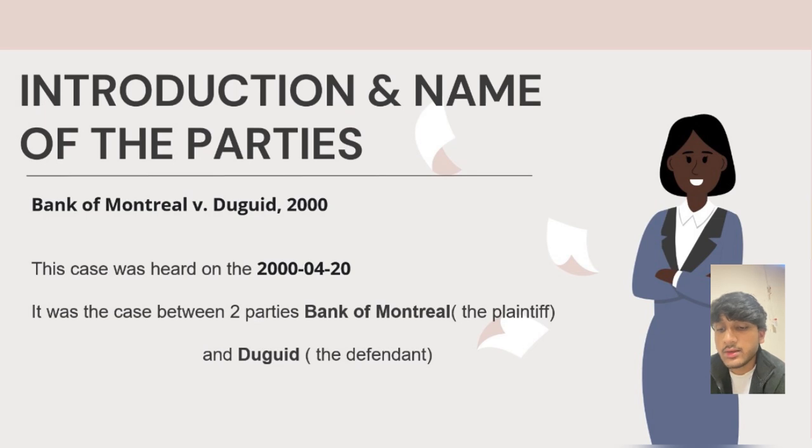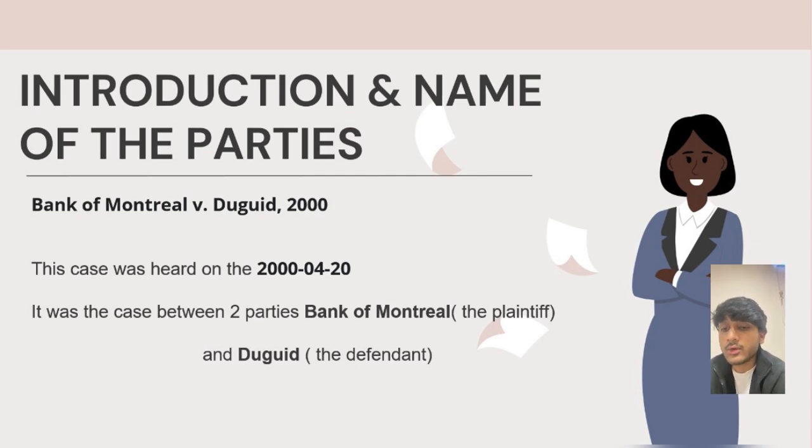So I will give you a small introduction about this case. The case of Bank of Montreal and Duguid was decided by the Court of Appeal for Ontario. It is about whether a guarantee signed by Duguid could be enforced.